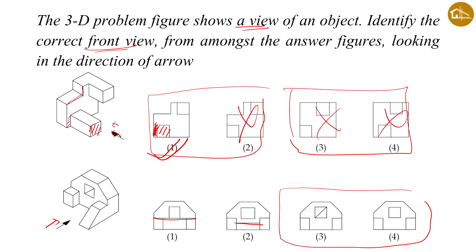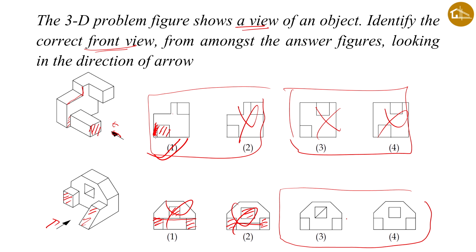If you see from here, you will find this portion and this portion are like this one and this one. And this hole is also there, but there is no such line over here. So this is a wrong answer, and there is also no line over here. This is also a wrong answer.